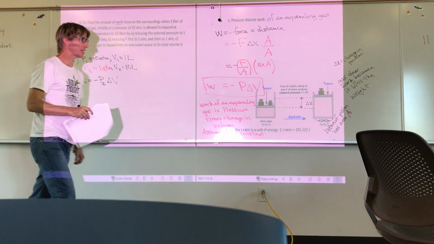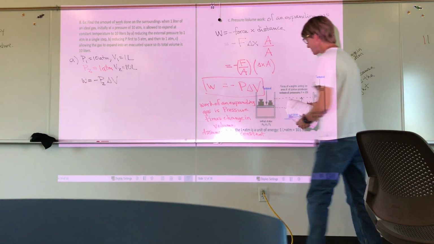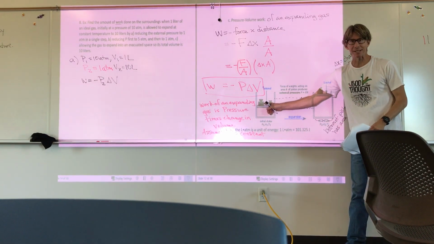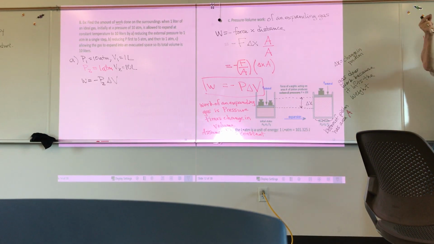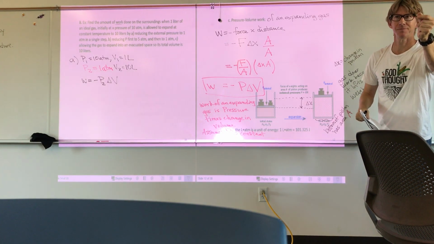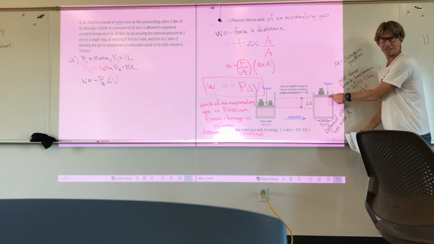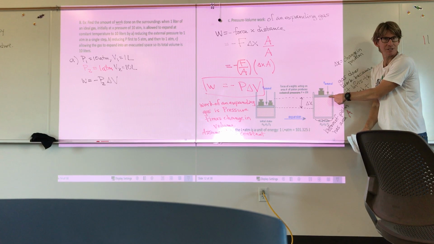And the way in which you can think of this is you have 2 weights here. You remove one of them instantly. And then this rises.